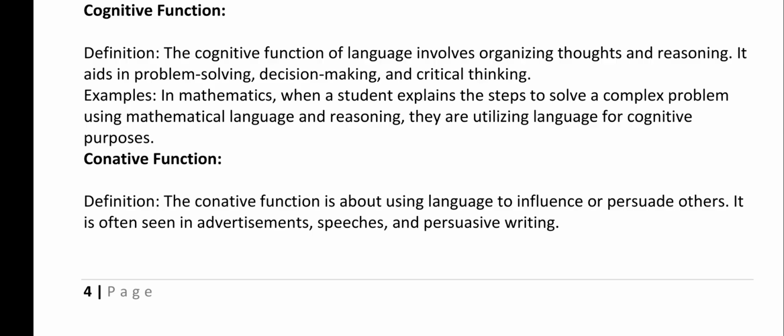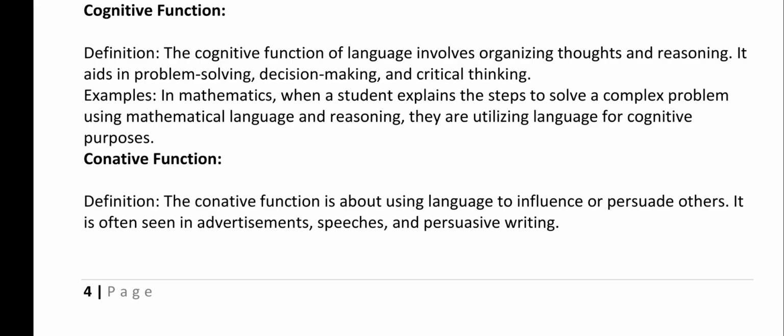This is very simple. So, cognitive means what? Cognitive means your mind, your mental health, your brain, right? So the cognitive function of language involves organizing. So you are using your brain to think, to reason out, to put the logic, to make the decisions, to do the critical thinking. You are making use of what?